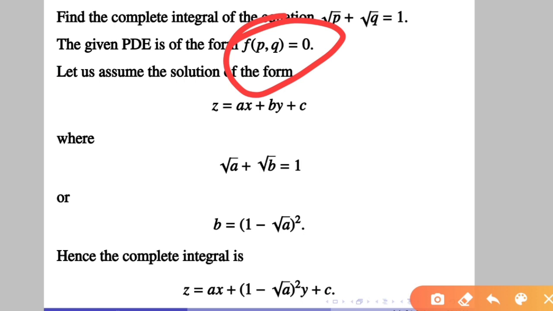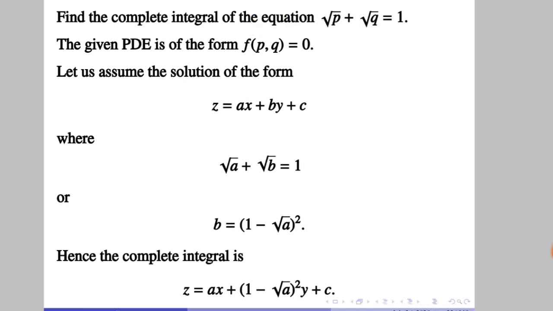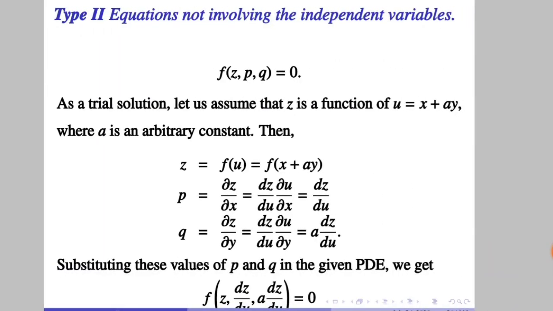We are getting the value of b and then we are substituting in this equation. We are getting the complete integral as z is equal to ax plus (1 minus root a) whole square y plus c. This we have already discussed, we have seen in the MSc course.